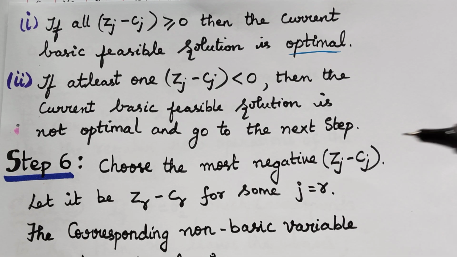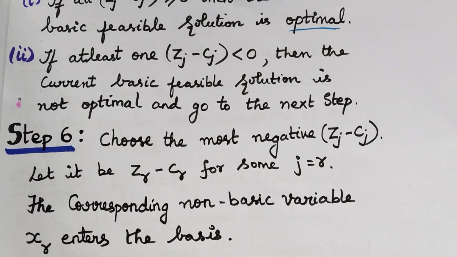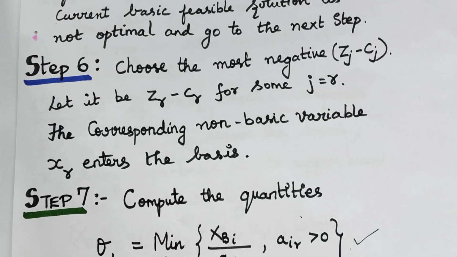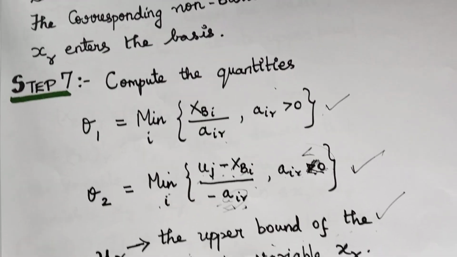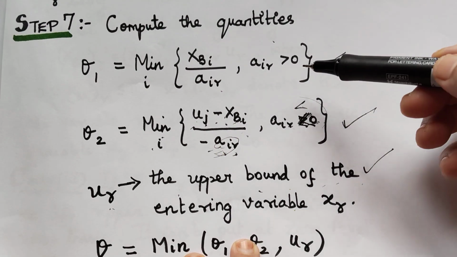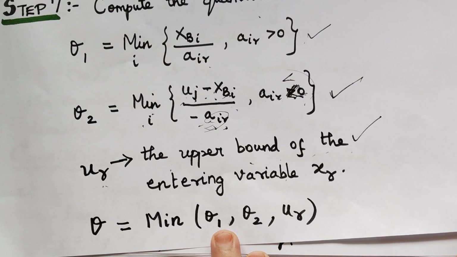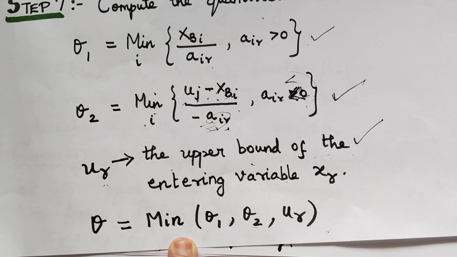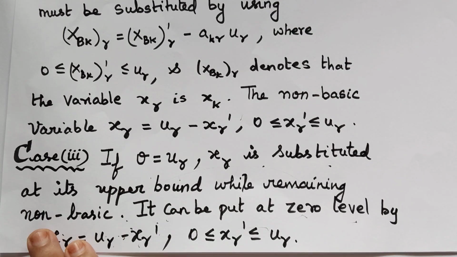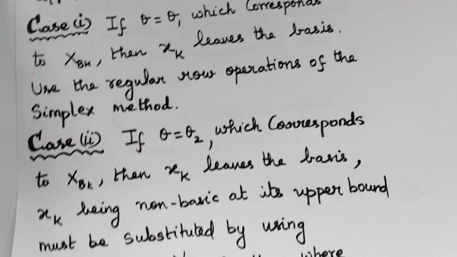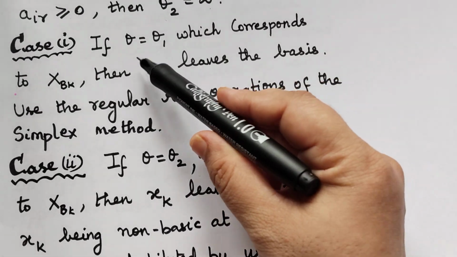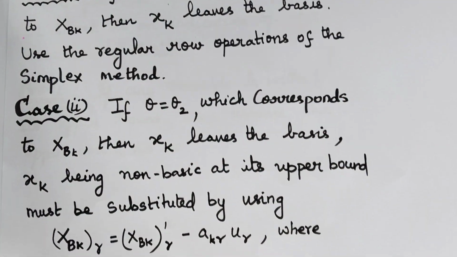Here we did the zj minus cj as in the simplex method, but the difference came only in finding the theta 1, theta 2 and theta 3, and taking the minimum of all the three. That was the difference in this problem. Then there are three cases. If theta was equal to theta 1, there would have been one case.